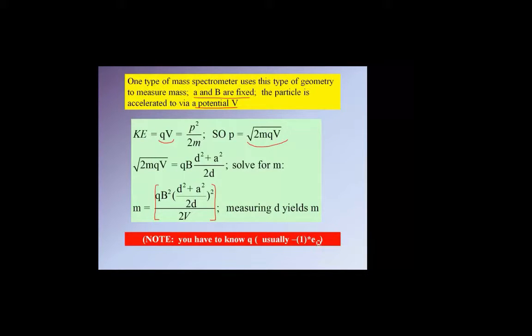So for example, if you had hydrogen atoms and you ionize them, you'd get a proton, and that charge is plus e. So that's what we mean by this notation here. If it's minus e, in other words negative, then this negative sign would flip it to a positive value. Do mass spectrometers ever measure negative ions? Sure, yeah. There's lots of cases.